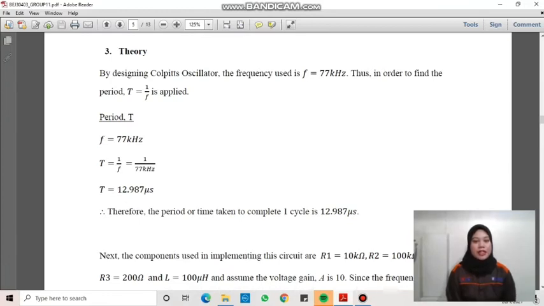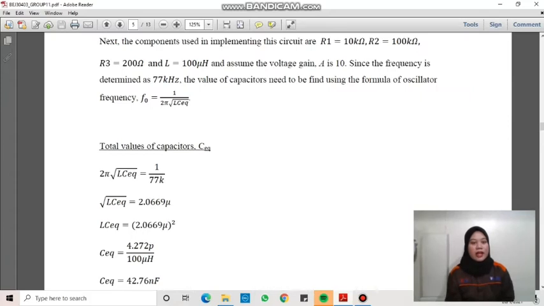Since the frequency is 77 kHz, the T value is 12.980 microsecond. To implement our Colpitts oscillator, we are using 3 resistors: 10 kilo ohms, 100 kilo ohms, and 200 ohms. Also, we use a 100 microhenry inductor, and we assume the voltage gain is 10.